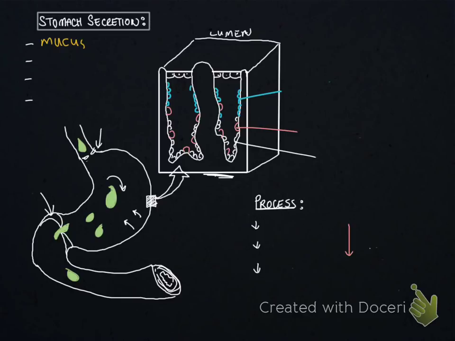which is made by the mucous neck cells. It also secretes pepsinogen, which comes from the chief cells.